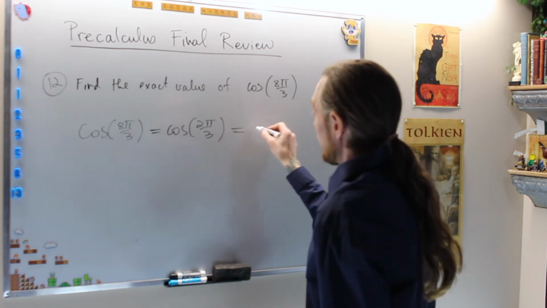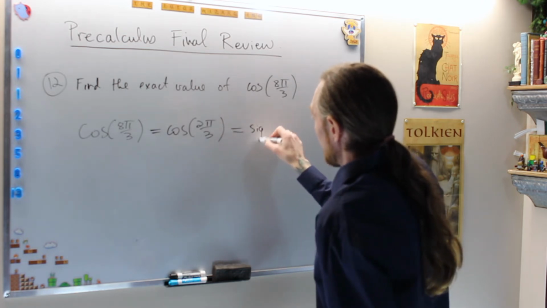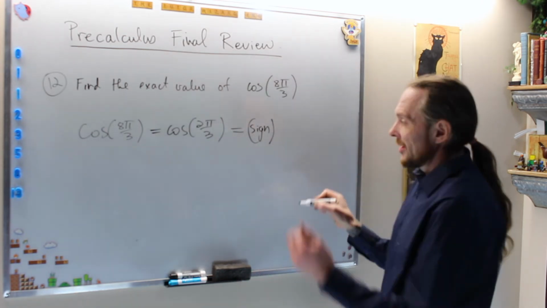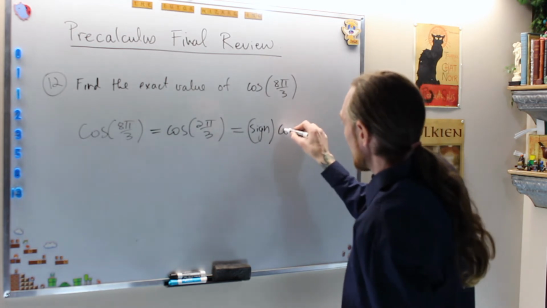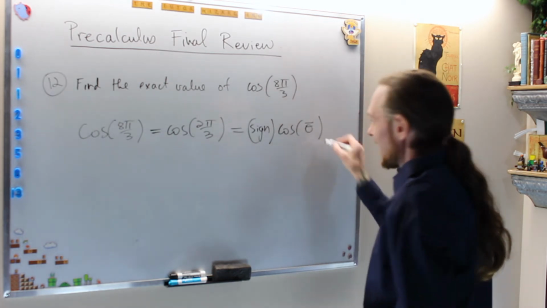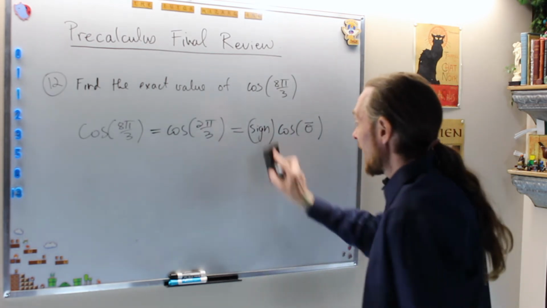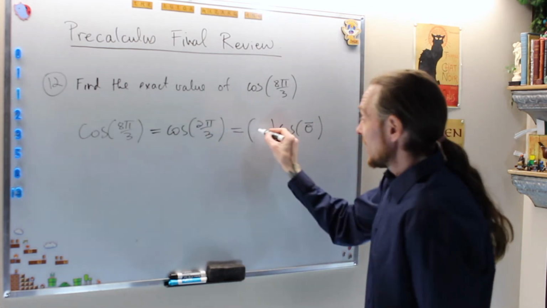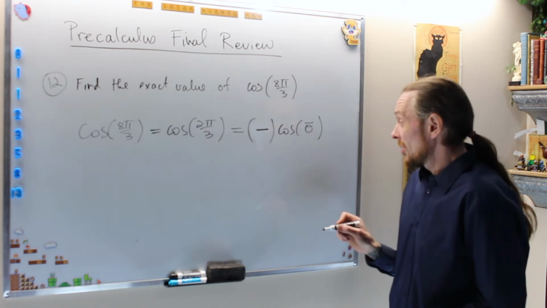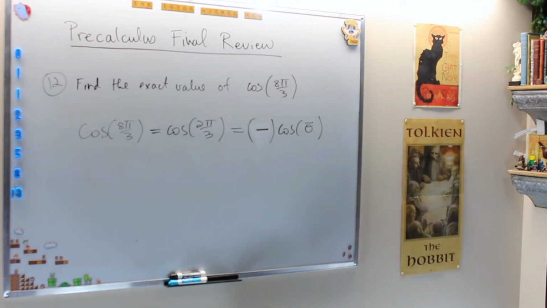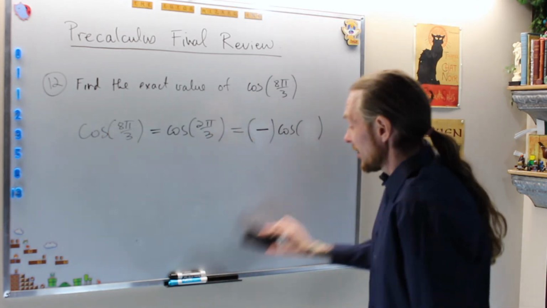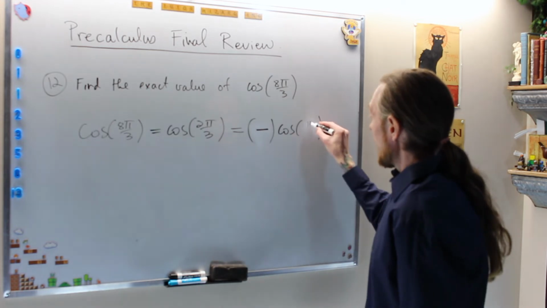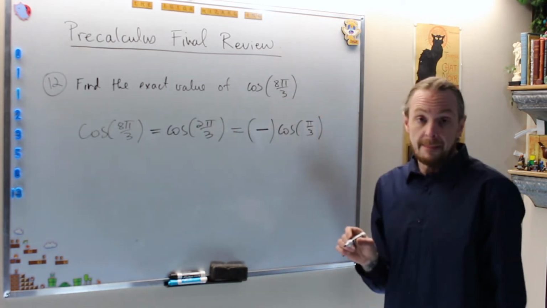And then this is times the sign of cos dependent on your angle and times cos of the reference angle. In our case, the sign of our trig function was going to be negative because cos is negative in that quadrant, and our reference angle was pi over 3.